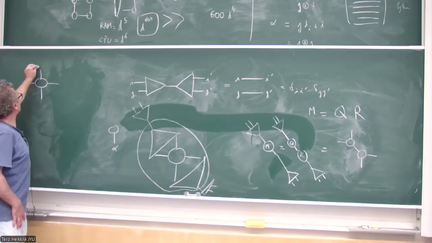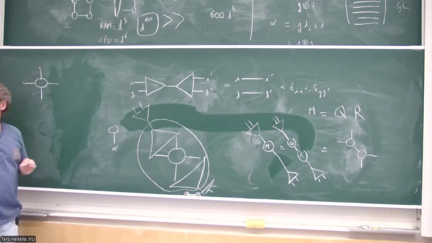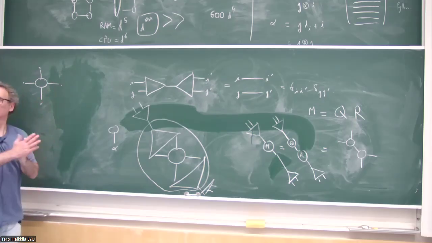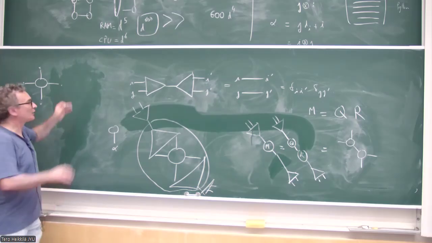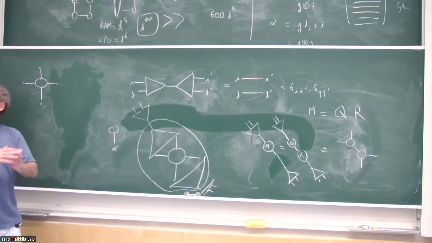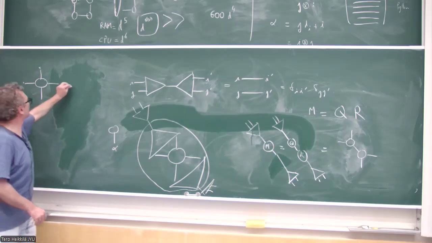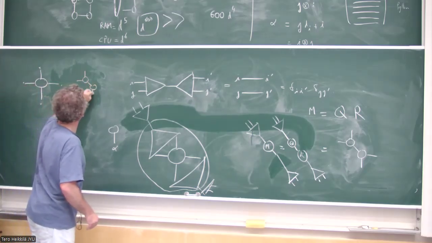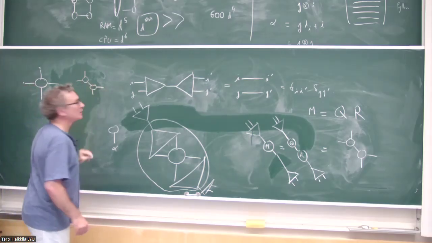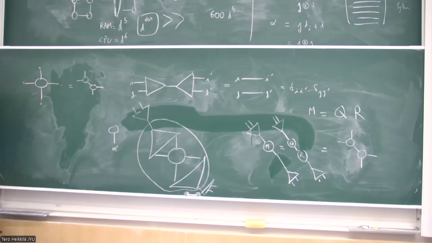I group together this and that, flatten them. I group together this and this, flatten them. It gives me a matrix. This matrix I factorize as a product of two matrices. And then I ungroup this upper two and this upper two. So this is equal to that. That's how I factorize the tensor.